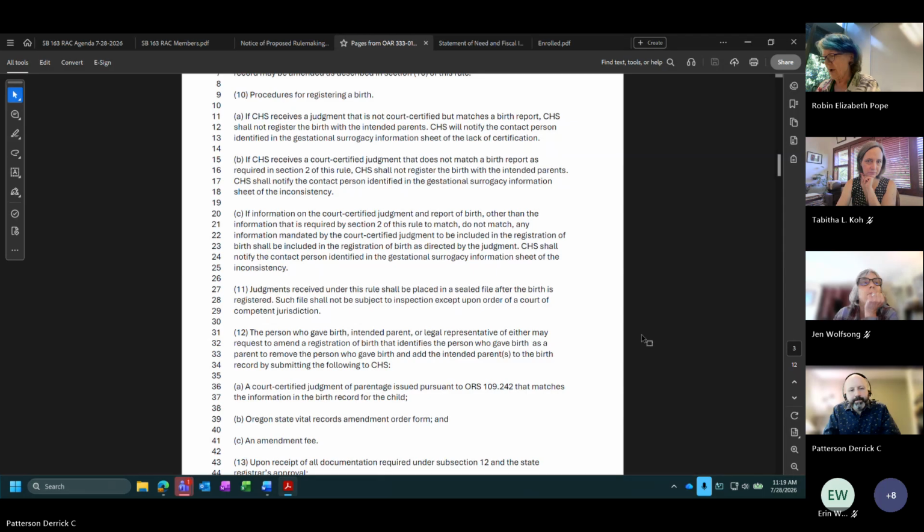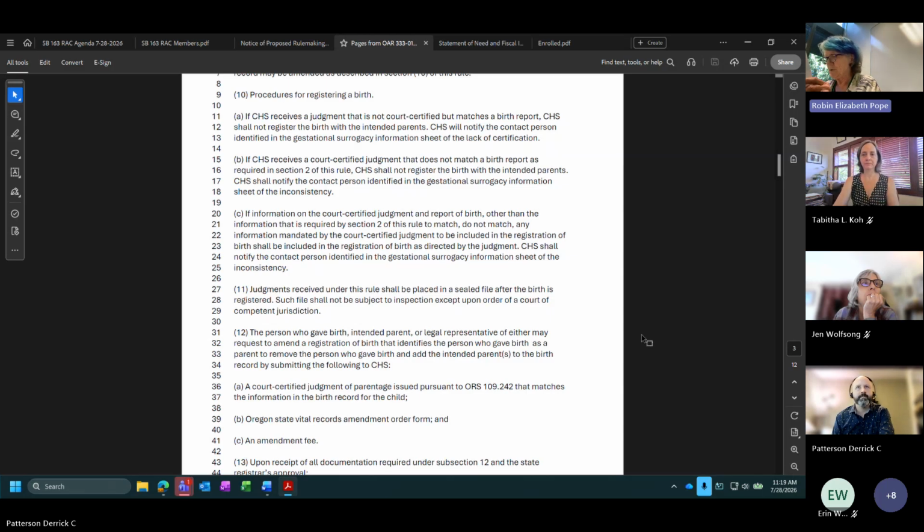Robin. Hi. There were some minor things that were in my edits, so I don't really want to go back through them, but it was like naming the intended parents named as the parents a couple of times, the word promptly. But then in section C, line 21, and this is probably for subject matter folks, other than the information that is required by section 2, did you also mean to include section 3?